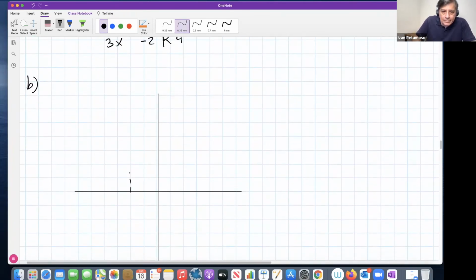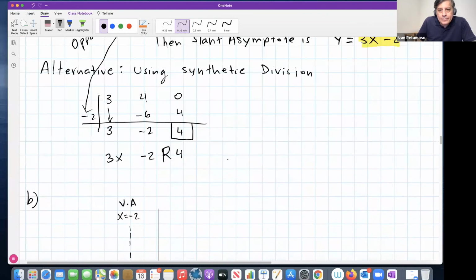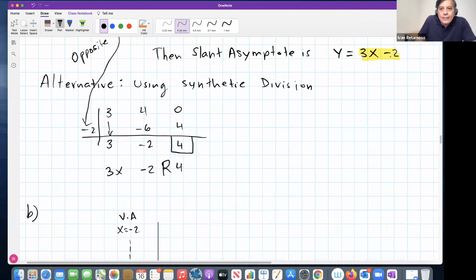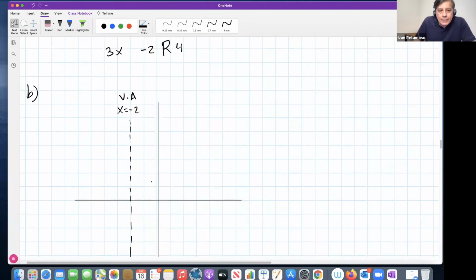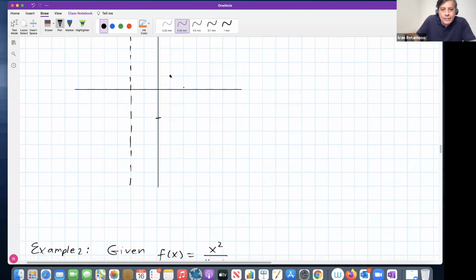So here, this is your vertical asymptote. Now, the oblique asymptote is showing a slope 3, y-intercept negative 2, right? So let's say 1, 2, y-intercept negative 2 here. And a slope 3 means run has to be 1, the rise has to be 3, right? So here, more or less this line, right?